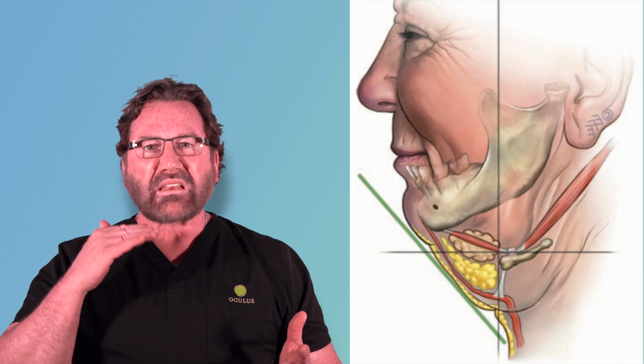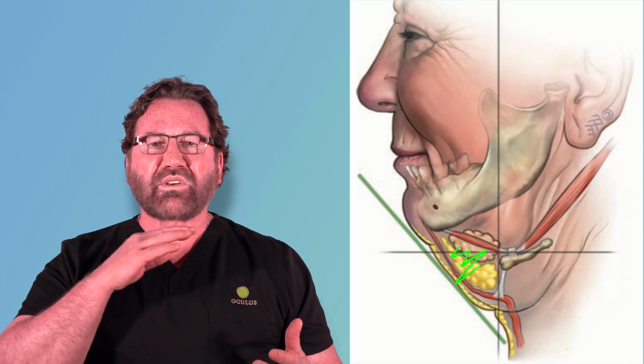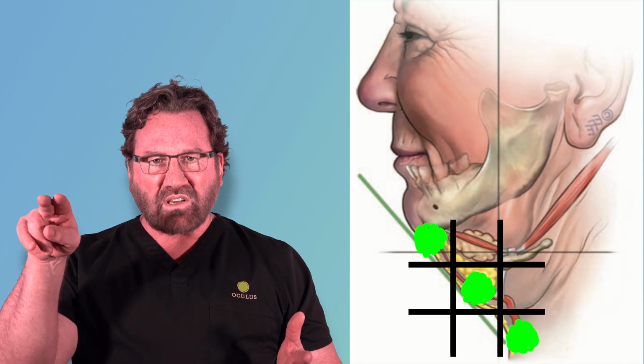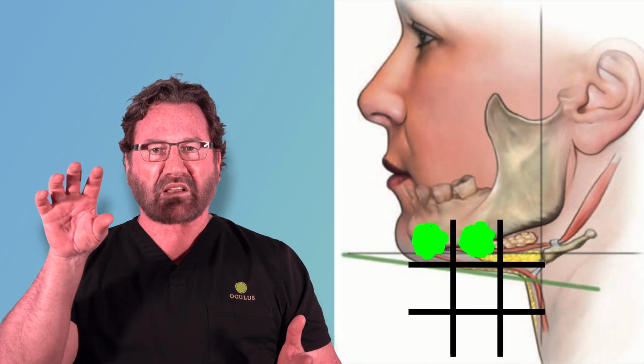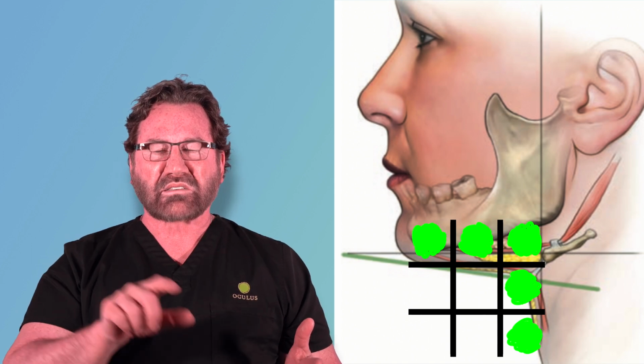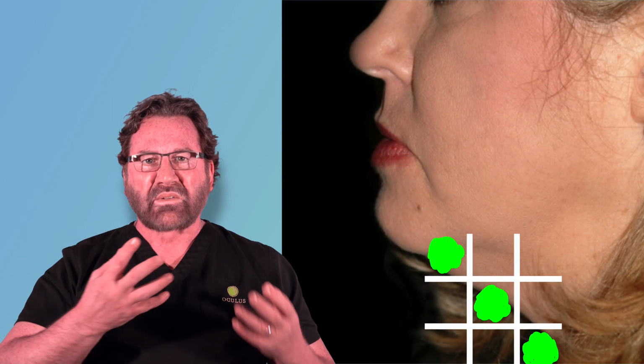If you tighten the deep layer, but we don't affect the skin and the fatty cushion, then it goes straight across, like on a tic-tac-toe, that's 3 blocks, and then it goes down 2 more blocks. So you have a surface area of 5 blocks to recontour the skin versus 3 blocks if you have all this heaviness and fullness in the neck that's pushing it and giving it that excess look.